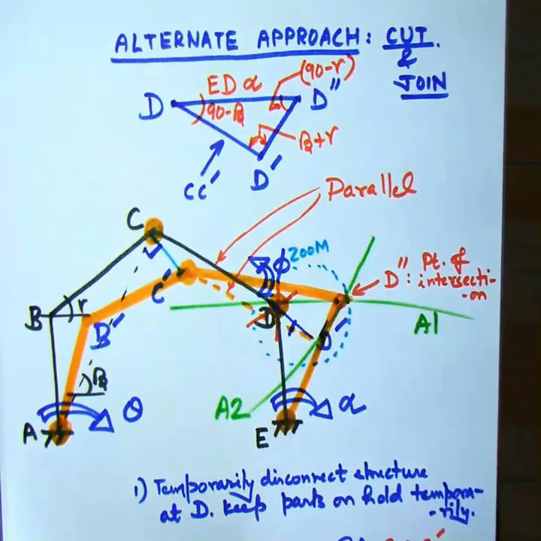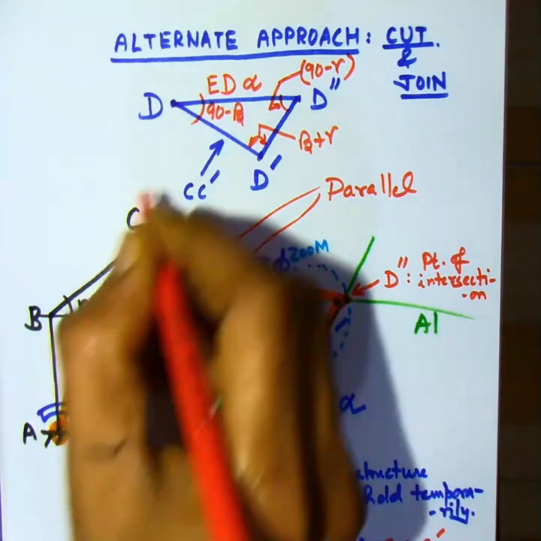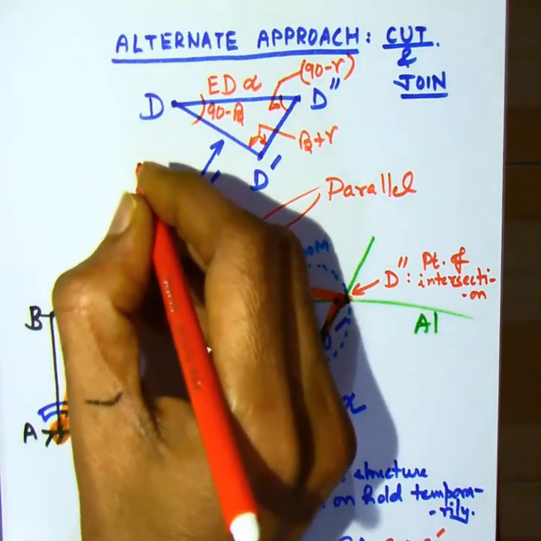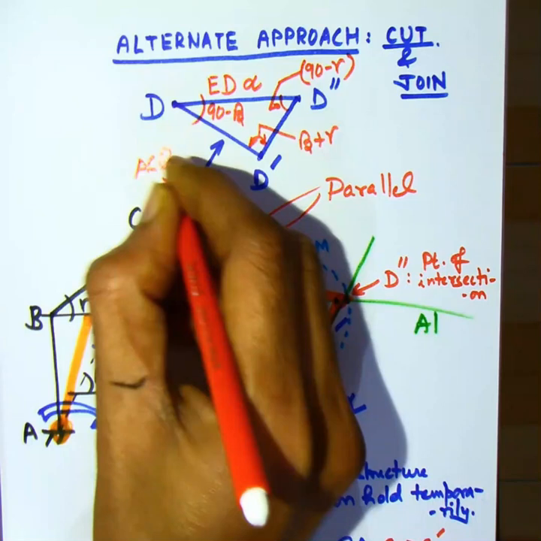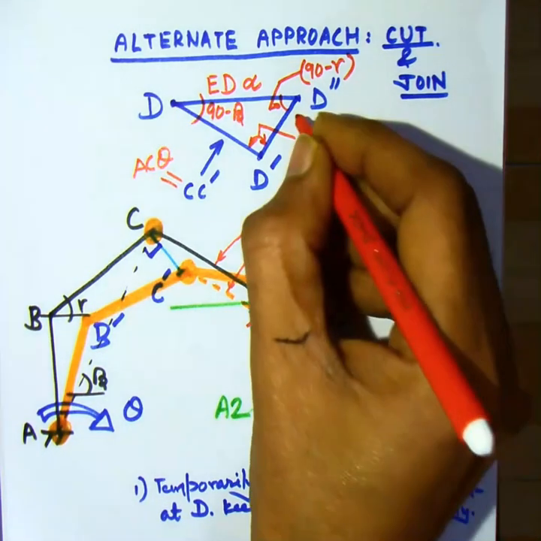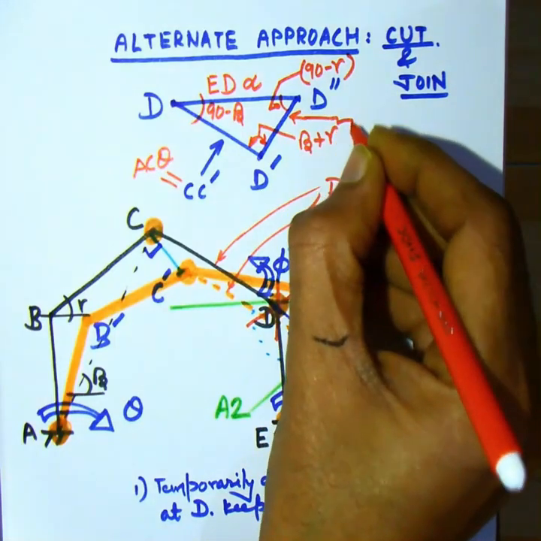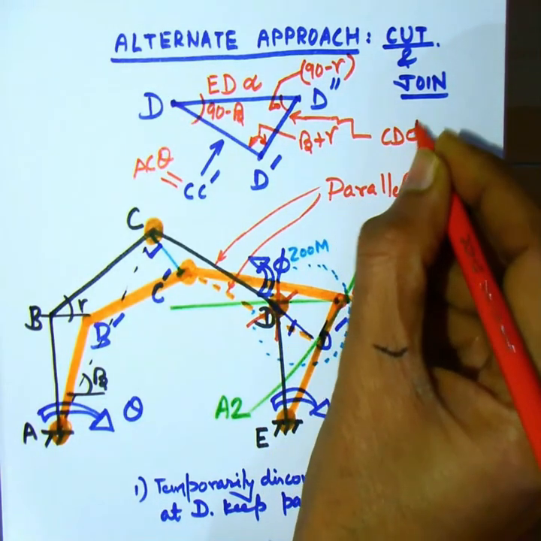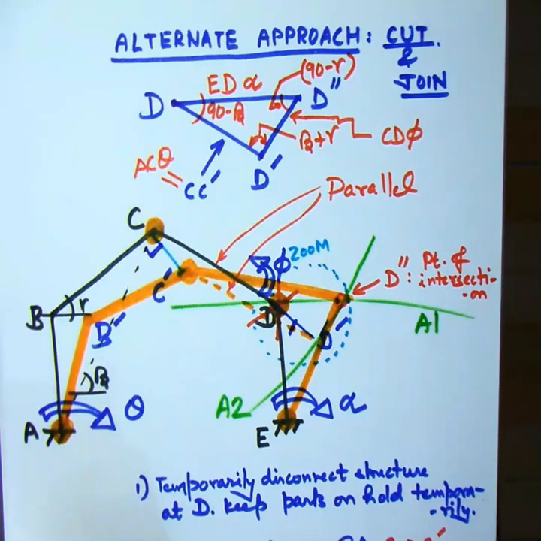Now the third angle must be beta plus gamma, by the fact that the sum of the internal angles of a triangle is 180 degrees. We can also write CC dash as AC theta, and we can write D dash D double dash as CD into phi.